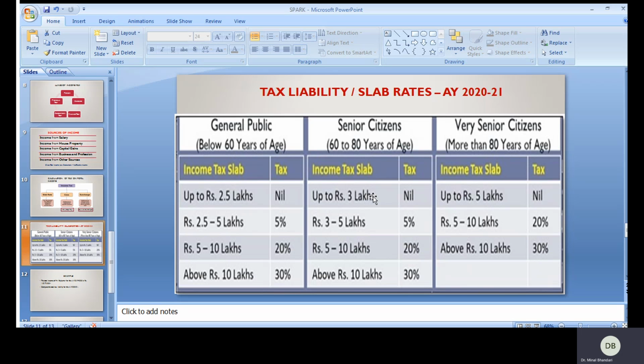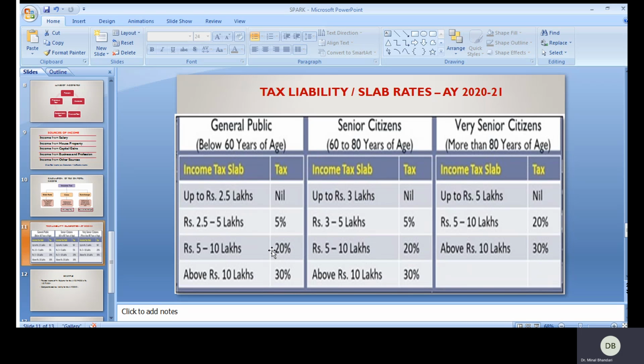But if he is getting more than that, then the range prescribed is rupees 3 lakh to 5 lakh, 5%, rupees 5 lakh to 10 lakh, 20%, and above rupees 10 lakh, it is 30%.